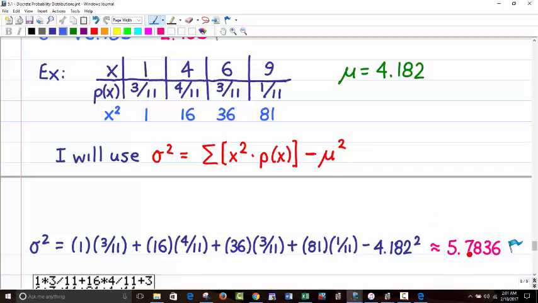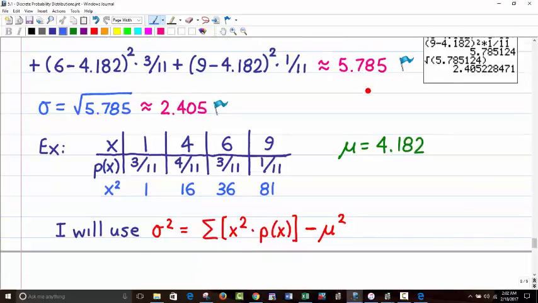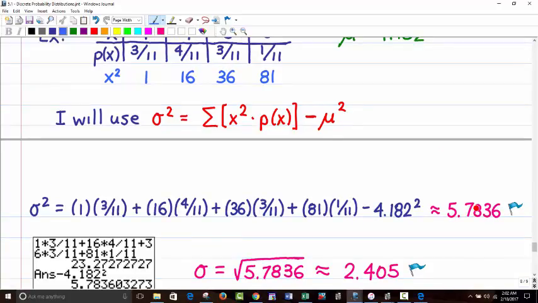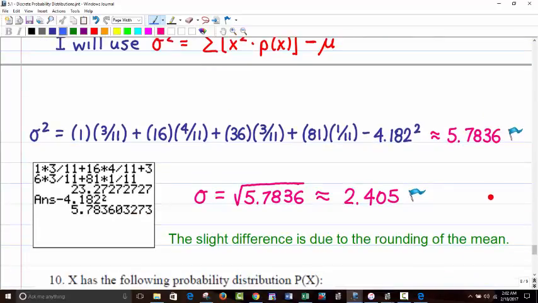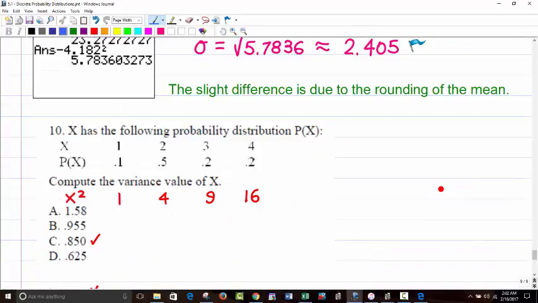I get 5.7836. See, that's just rounding, 5.785 versus 5.7836. That's probably a little more precise, but that doesn't matter. There's no way you would miss a question because of that. But close enough. And the standard deviation, as I mentioned right there, differs because of the rounding of the mean.